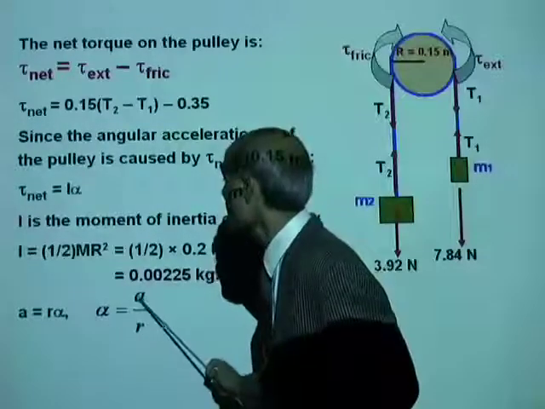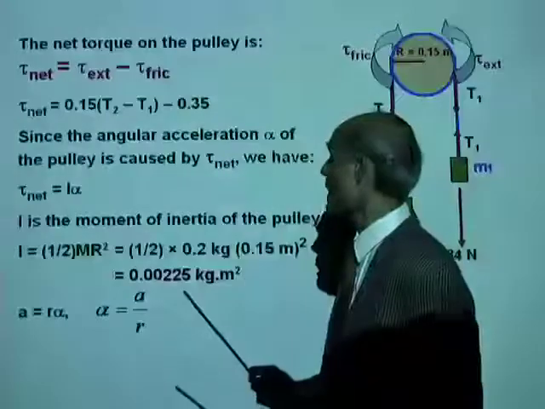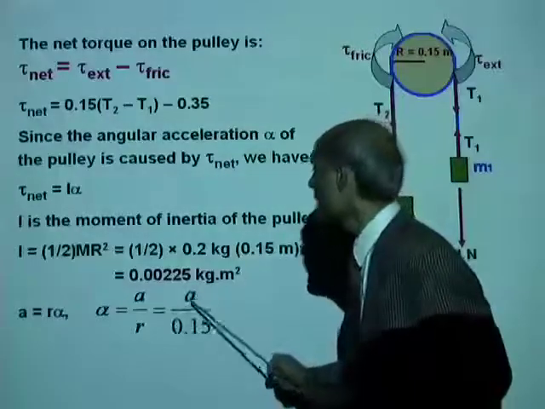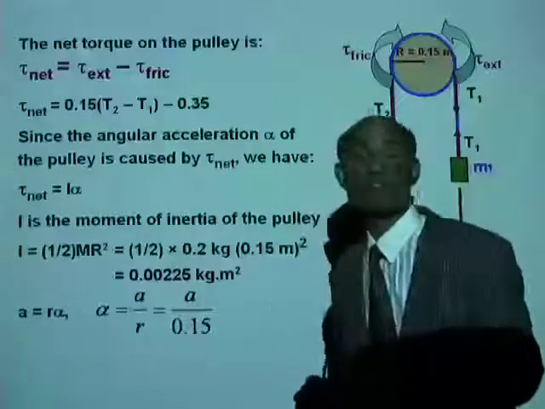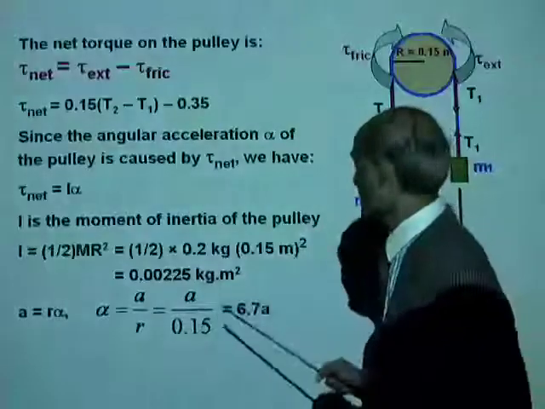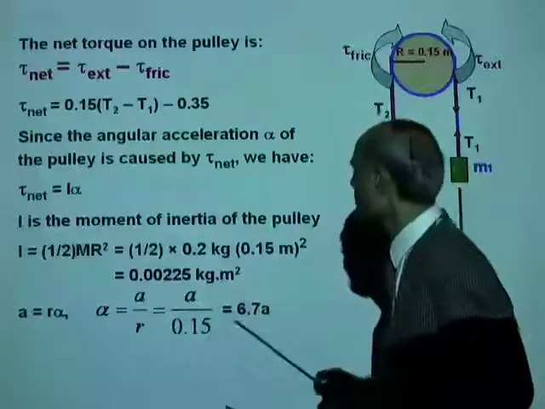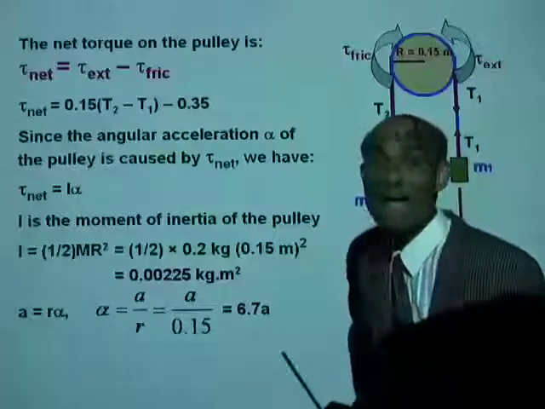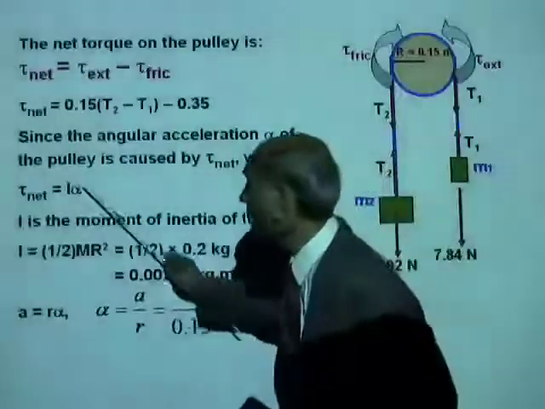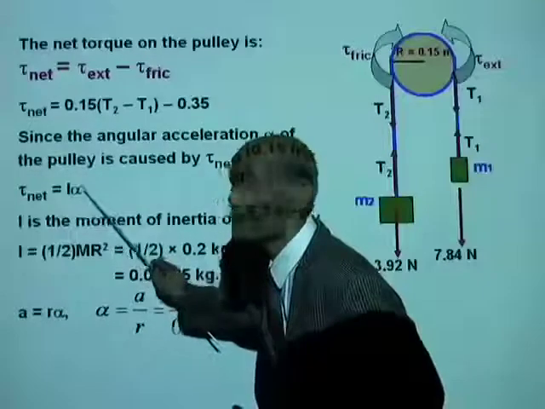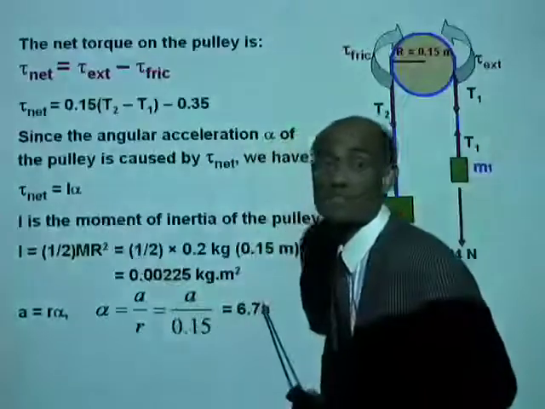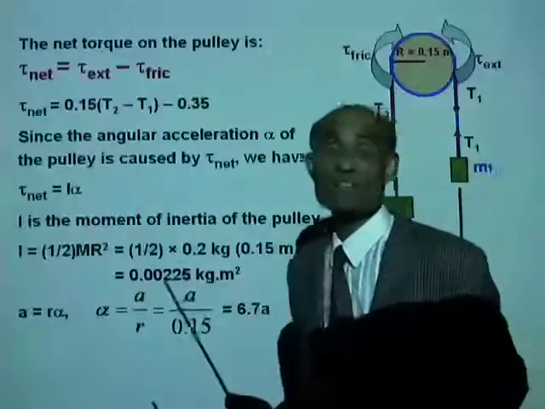So we are going to eliminate alpha and write that in terms of a. Alpha equals a over r, and that will be a over 0.15, which is 6.75 a. I want you to watch how I replace this alpha in terms of a, the linear acceleration.